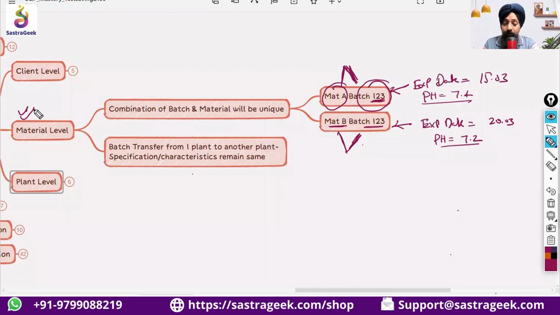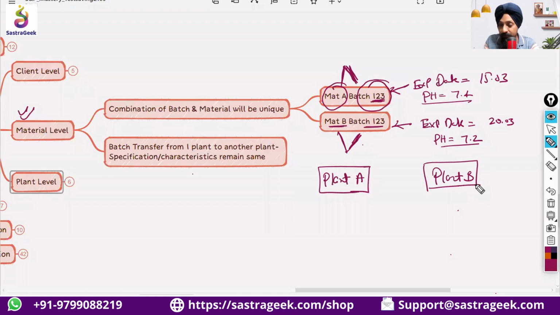What is going to happen with the material level batch when you are transferring it from plant A to plant B? You are transferring your material A and batch 123, this combination, to plant B. At plant B also, it would be material A plus batch 123.